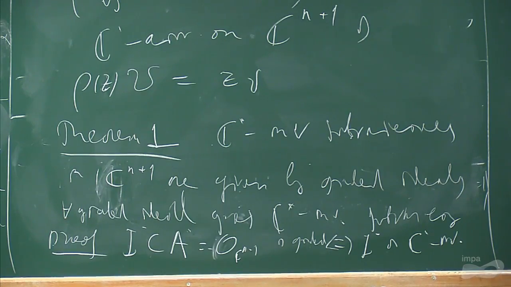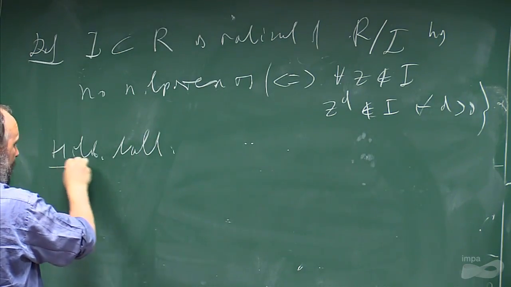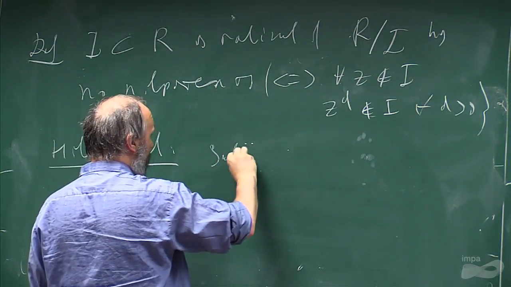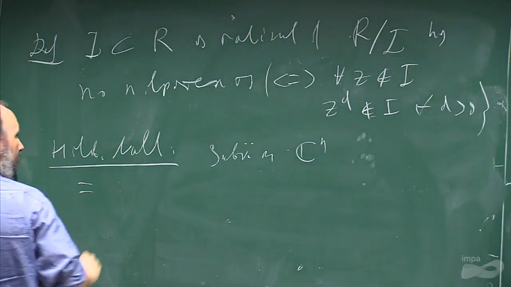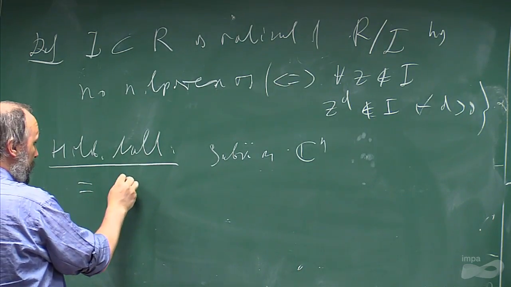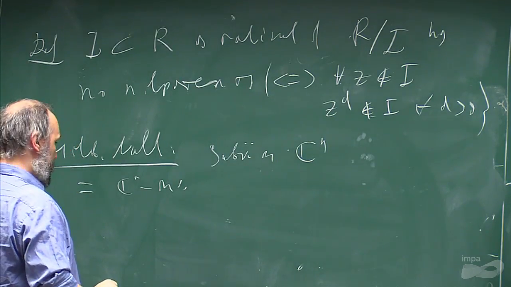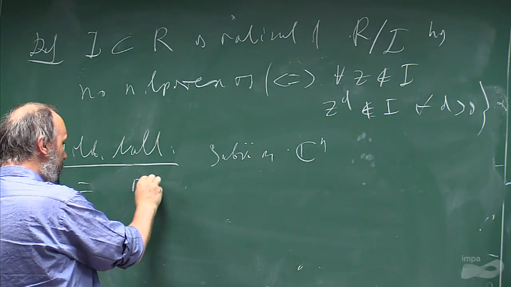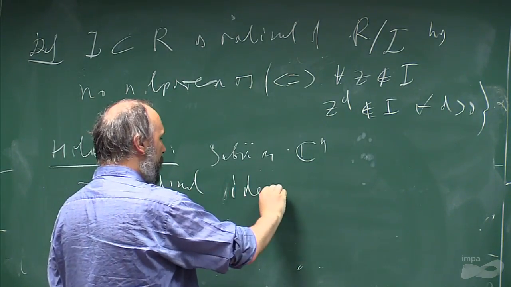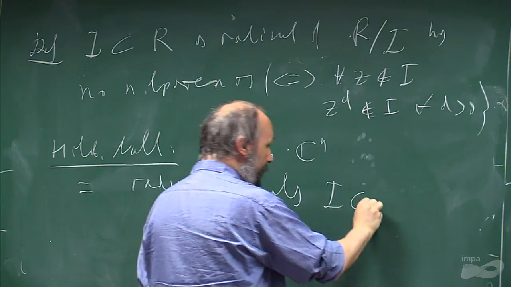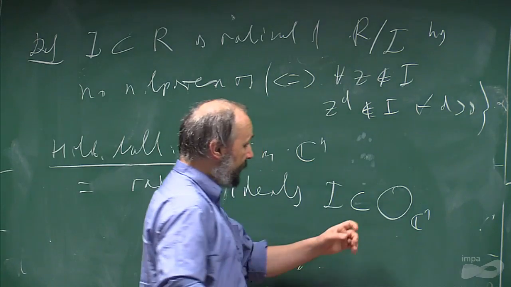And Hilbert Nullstellensatz, I remind you, says that subvarieties in C^n are the same as radical ideals I inside the ring of regular functions, polynomial functions.